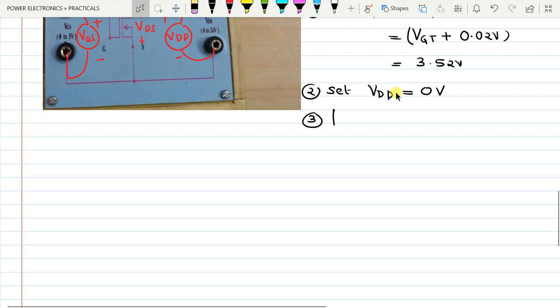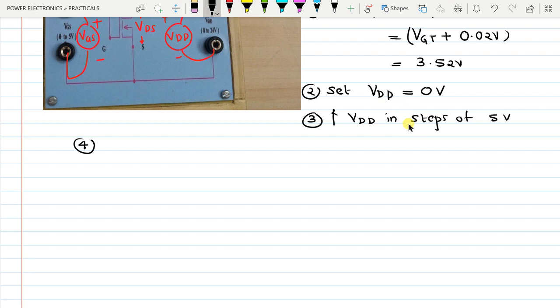Third, increase VDD in steps of 5 volts. Fourth, note the new value of IDS for every new value of VDD.